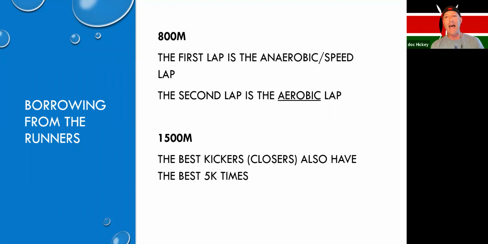He was dead last through the first 500 meters of the 800, and then he went from last to first, won the gold. So when we take a look at that 800 meters, in a competitive 800, the first lap is going to be my speed lap. The second lap is going to be my aerobic lap.